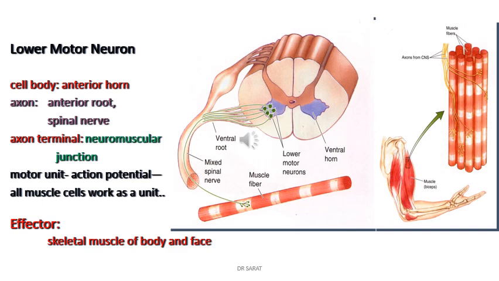And the whole muscle cells work as a unit. It's called a motor unit. The action potential is generated by it. And the effector cells, that is the skeletal muscle. The whole effect is seen in the skeletal muscles. So any lesion in the lower motor neuron can affect the skeletal muscles depending on the area it supplies.